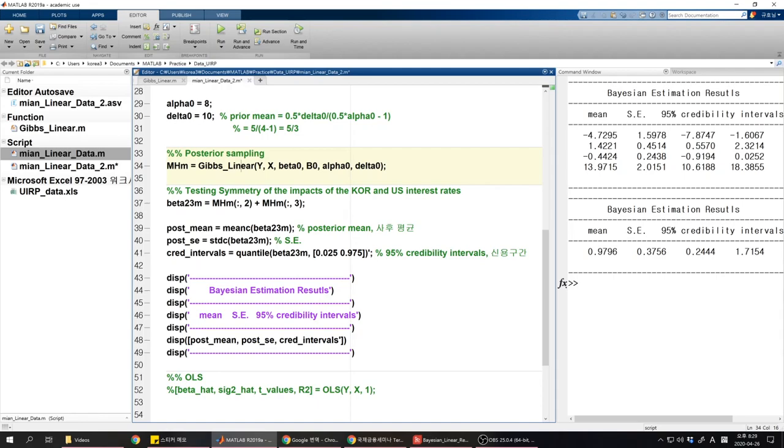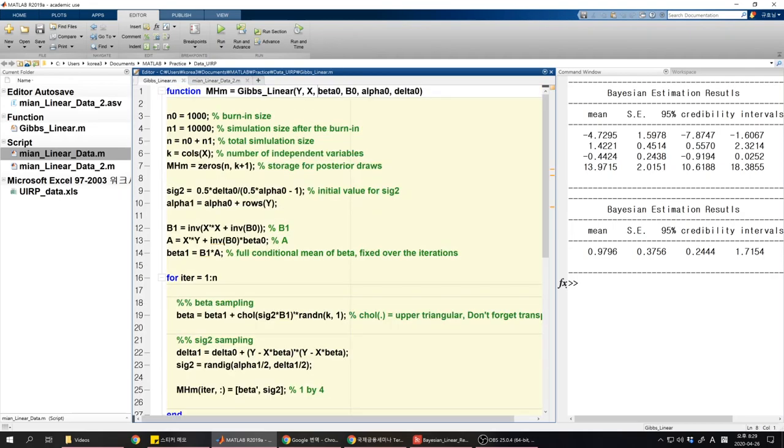Then I want to put this x underbar capital 1, right? So then we have to change this file as well, x underbar capital 1.